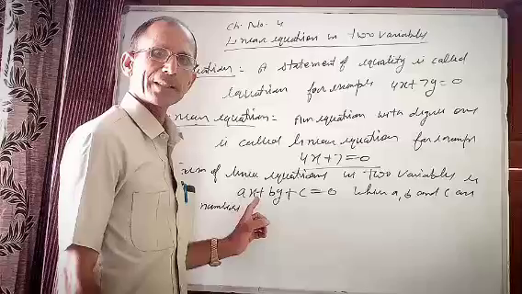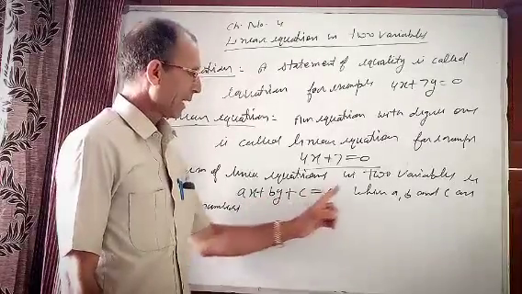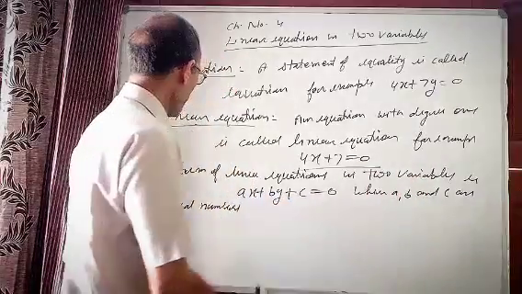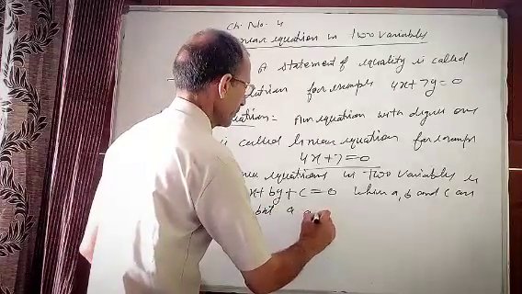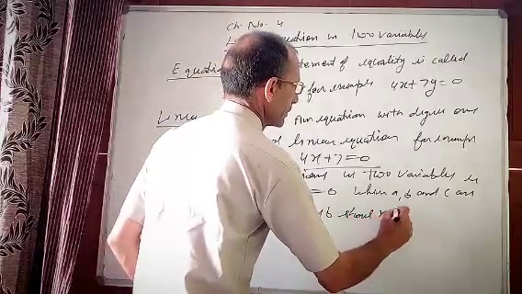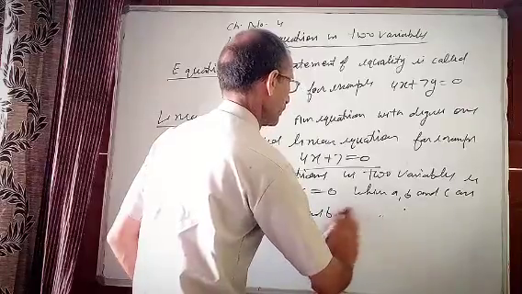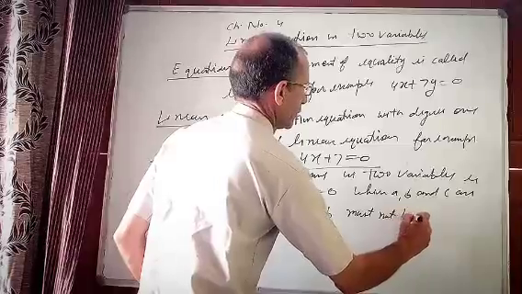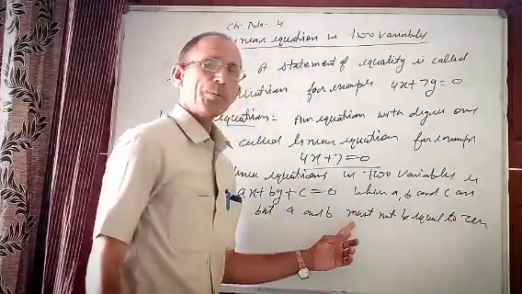But in this statement, one point you have to keep in mind. I have written a, b and c are real numbers, but a and b must not be 0.